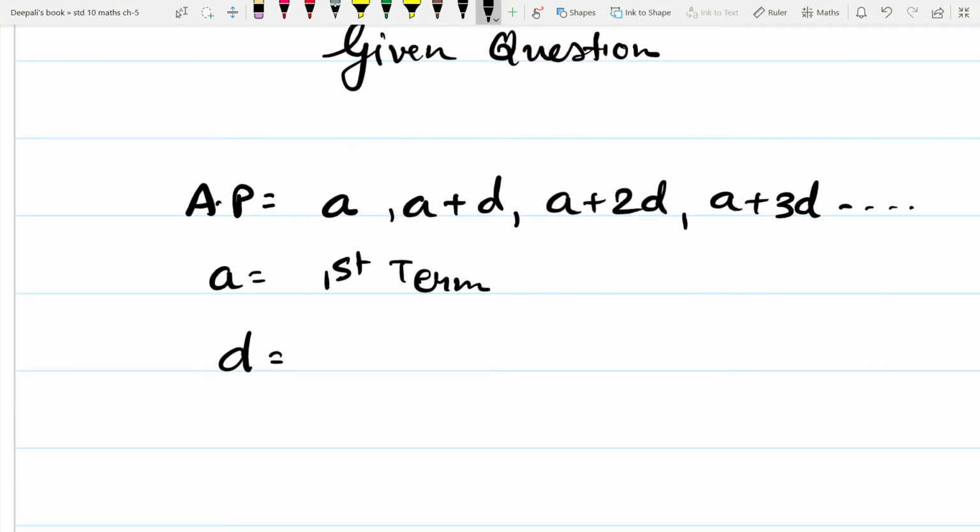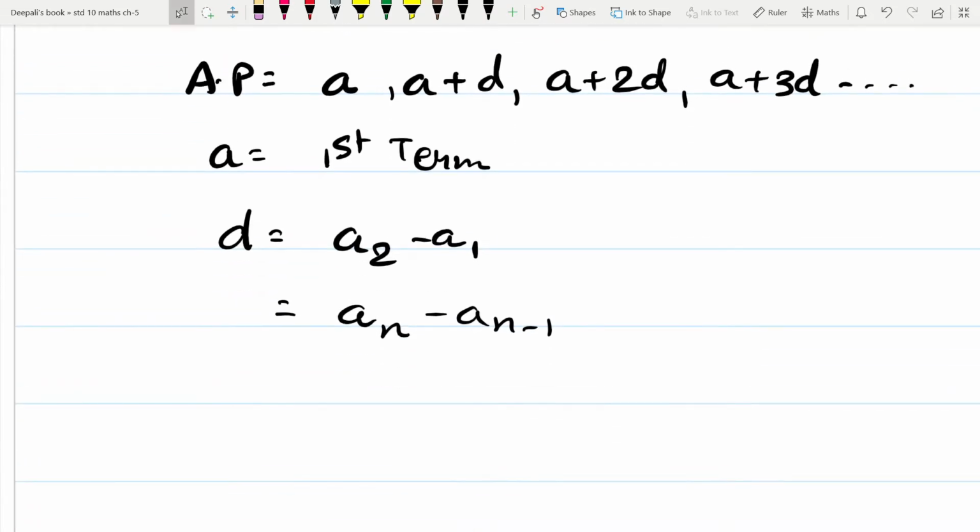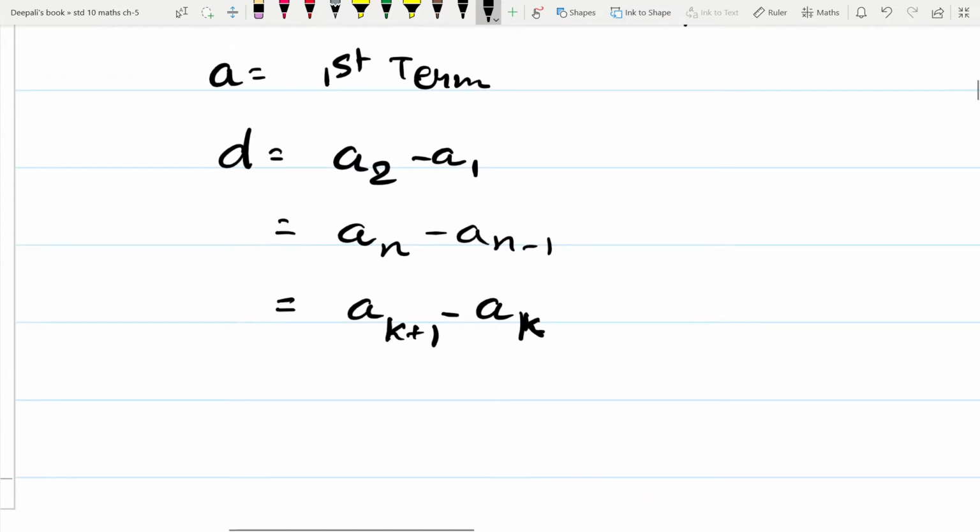D has two or three formulas: AN minus AN minus 1, where N is the succeeding term and N minus 1 is the preceding term, or AK plus 1 minus AK, where AK is the preceding term and K plus 1 is the succeeding term.